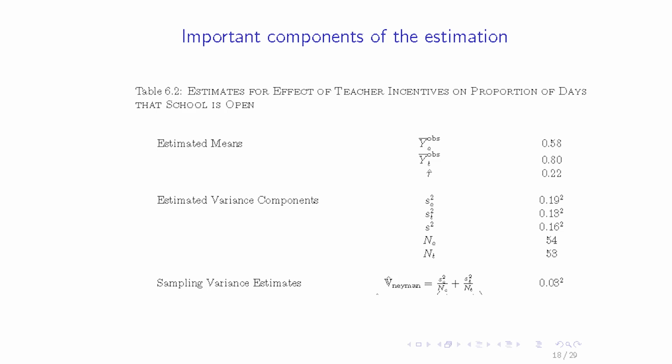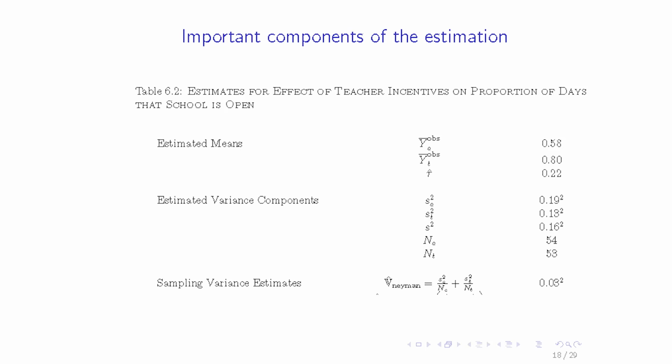Then we can calculate the sample variance in the treatment group and in the control group, and sum them up. We have the NC and NT, and we can calculate our Neyman variance to be 0.03 squared.